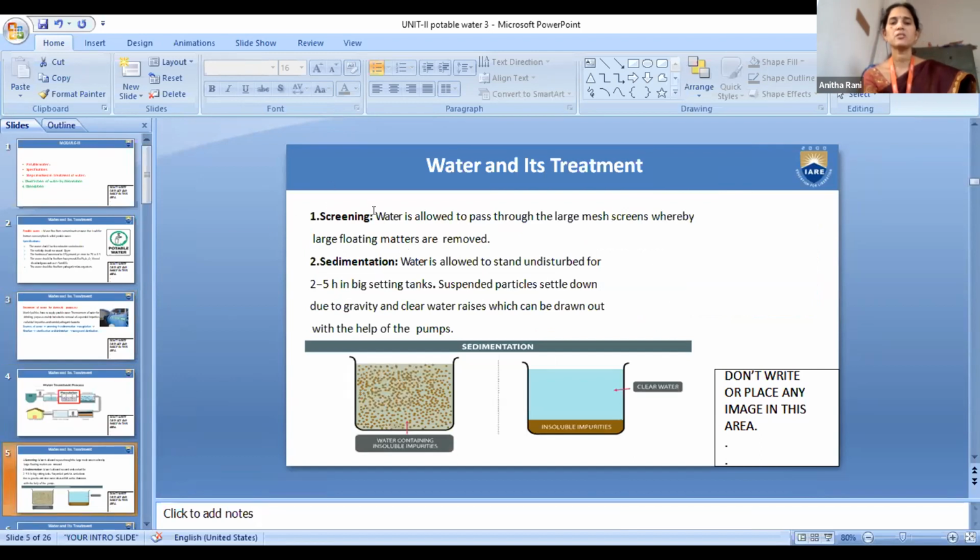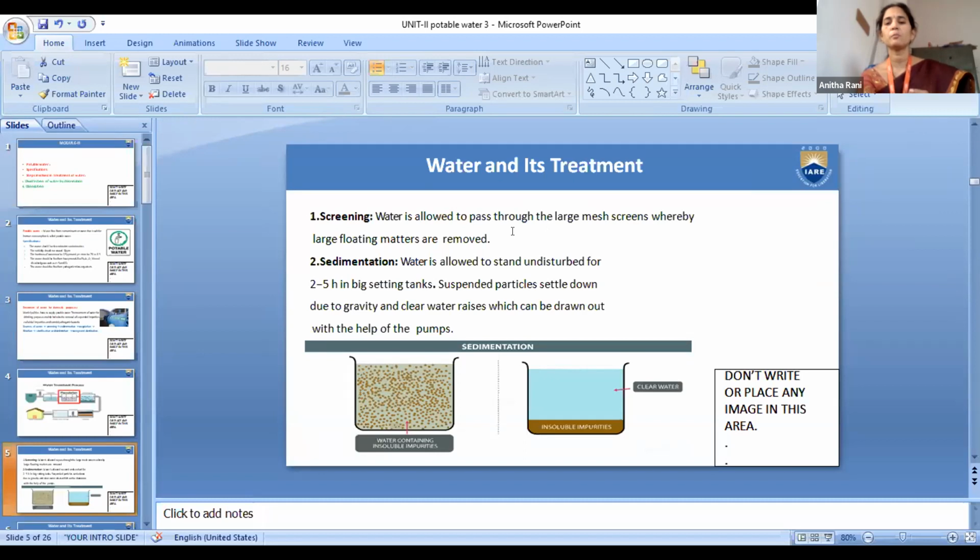So the first step is screening. We have to do it compulsorily, because in raw water there are impurities like floating matter, leaves, and bark of wood. These will be removed in screening.